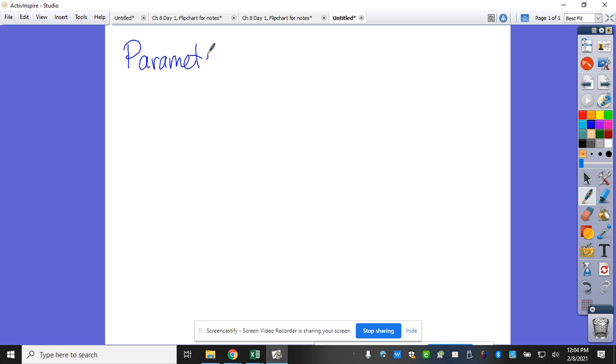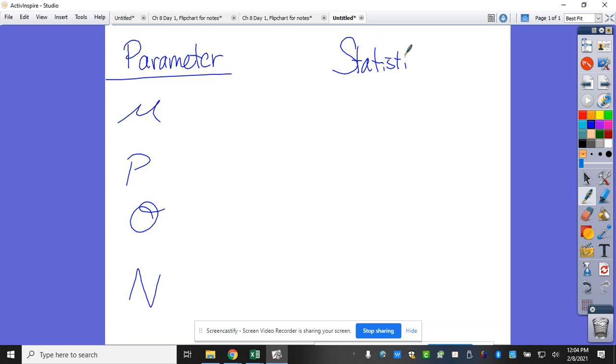What are possible symbols for parameters? What's another one? And then take for that one. This is lowercase, but can't really write that way. So if I'm talking about those same things, what are my statistics?